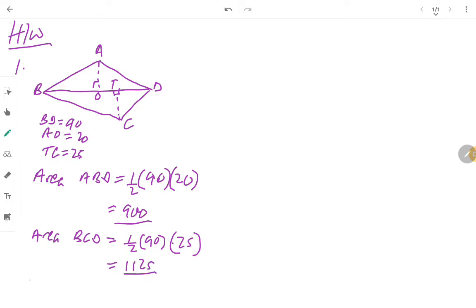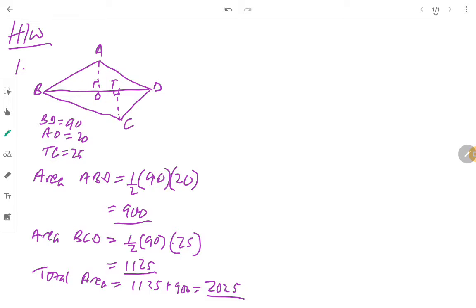Therefore, the total area now is 1,125 plus 900. We are adding these two together, which is 2,025. That is the total area of this shape.